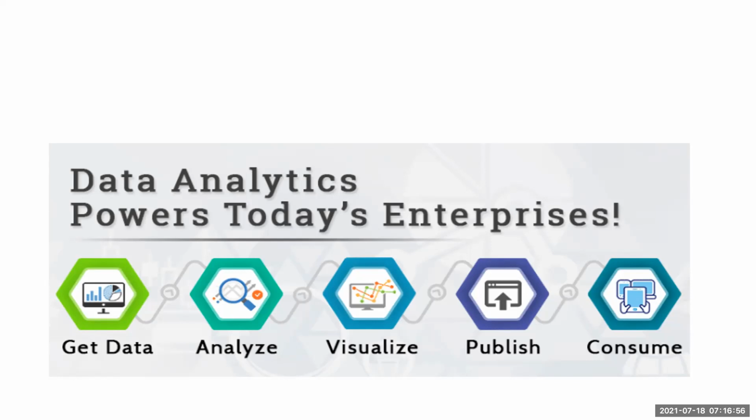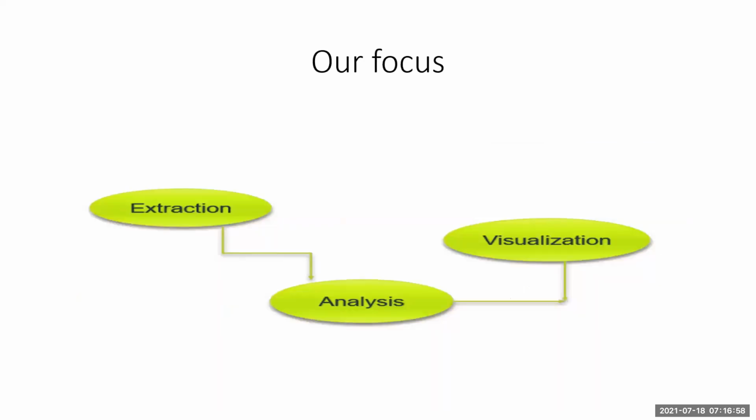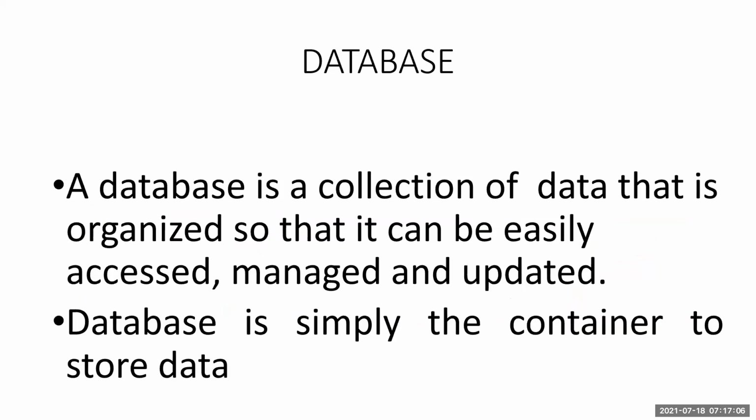Okay, but our focus basically was looking at the extraction of the data, analyzing the data, and visualizing the data. And we said that most times, where is that data stored? It is stored in what? A database. And we said that a database is just a container for storing what? Data. Okay, and there are two types of database. We can have the manual and we have the computer based.